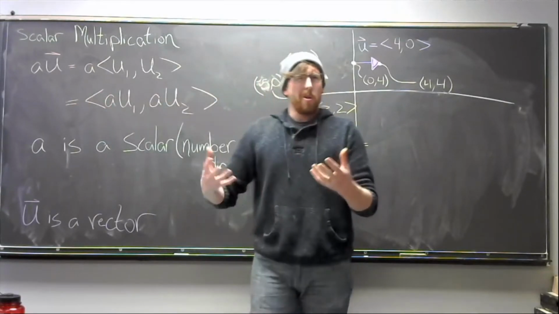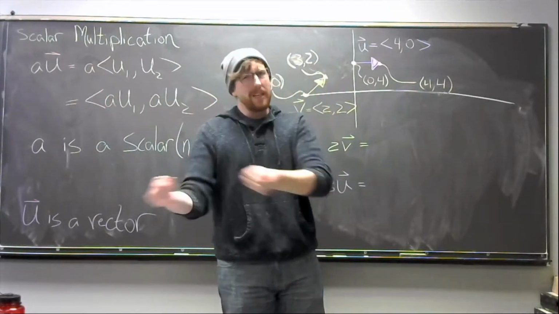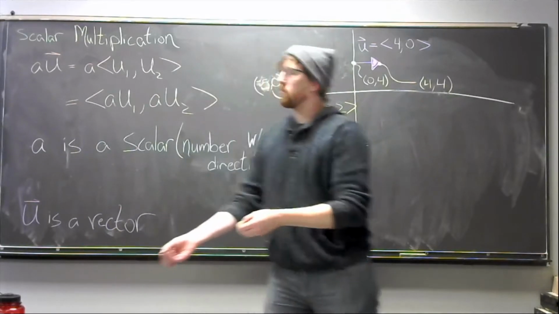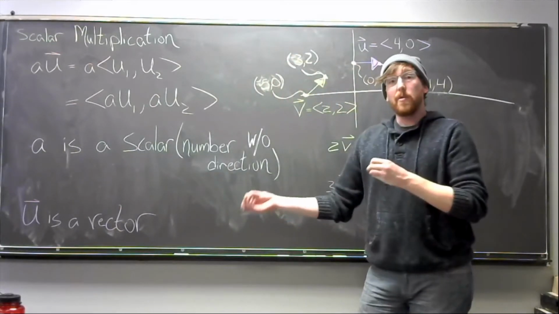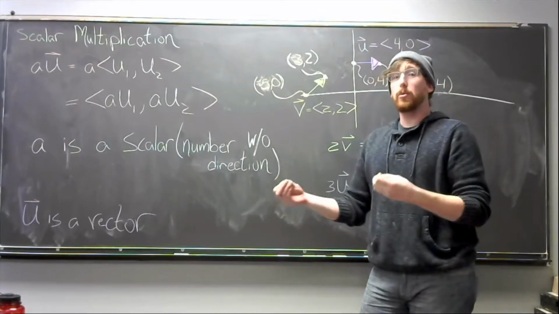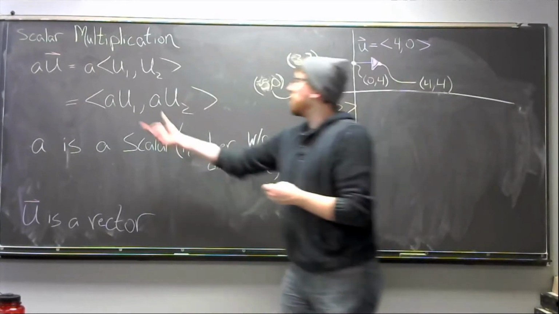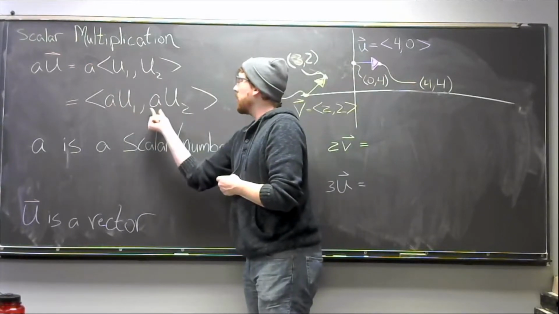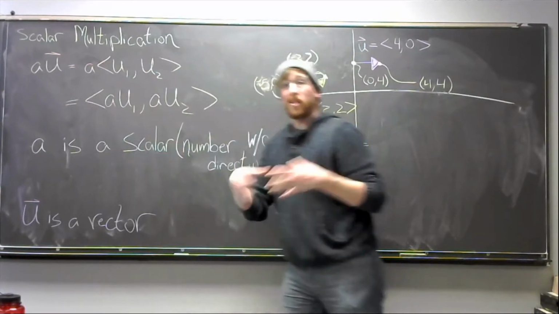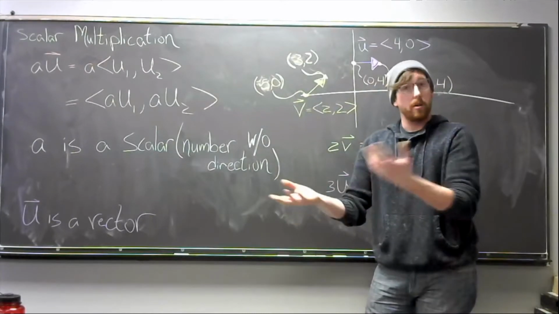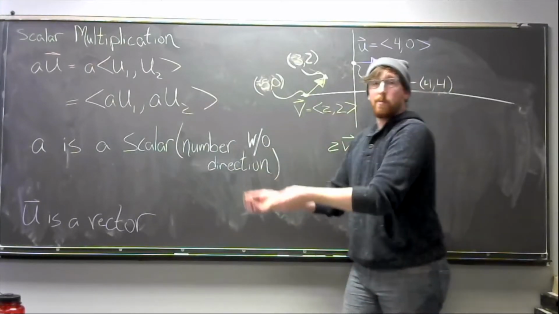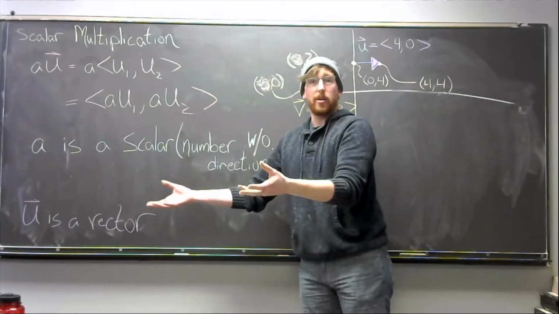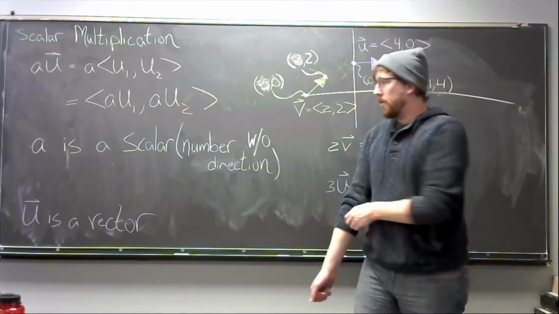A scalar times a vector gives me another vector. That other vector is equal to the components of our original vector times the scalar. So we take the x component and multiply it by the scalar, and we take the y component and multiply it by the scalar, and that's our new vector.